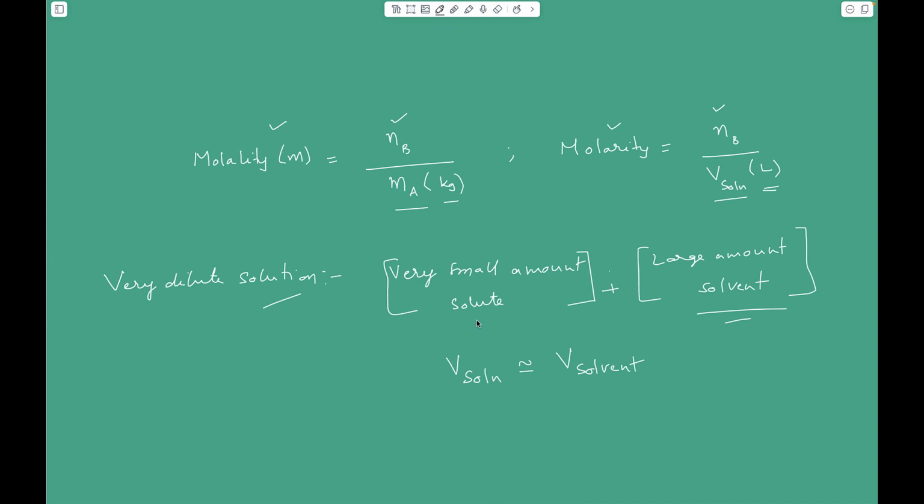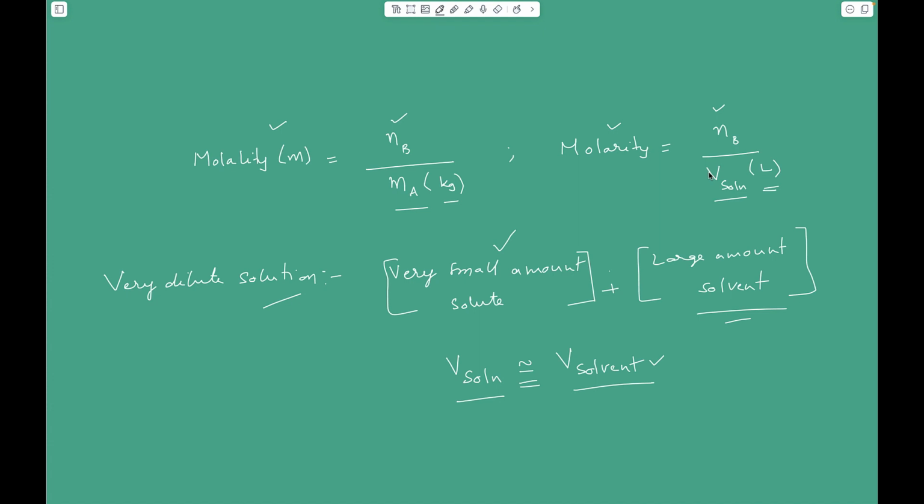Therefore, we can say that the volume of the solution is approximately equal to the volume of the solvent.